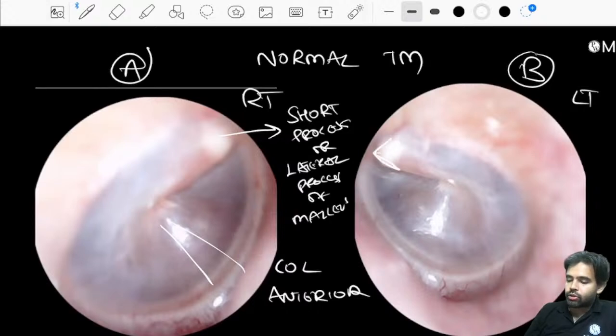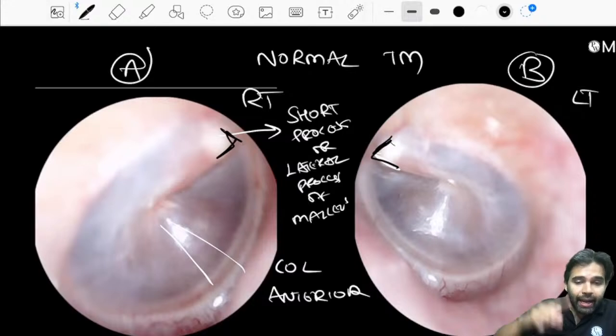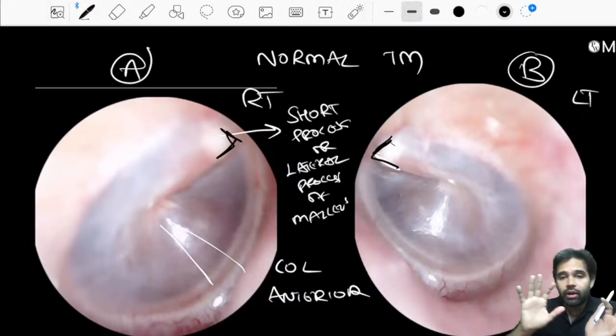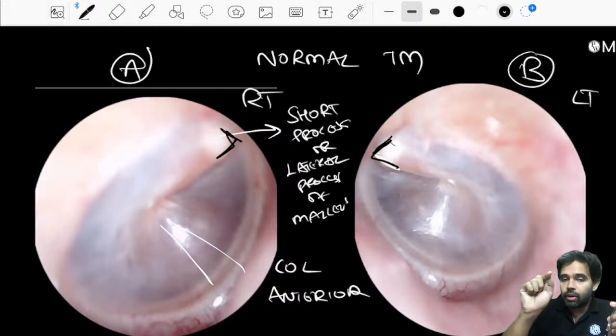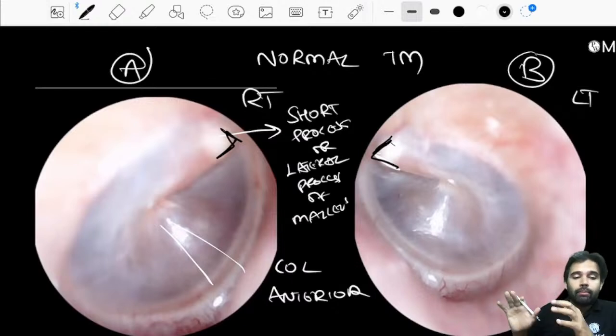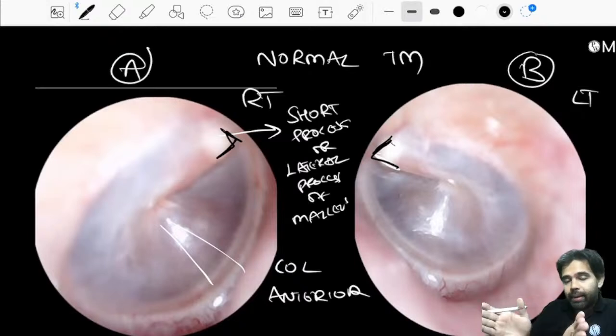This short process or lateral process of the malleus is always pointing anteriorly, and this part of the bone does not get destroyed easily. It will be there even if you see a total perforation or a subtotal perforation or a large perforation with disease. You will be able to see this bone in most of the cases, and you will be able to tell whether it is a right ear or left ear, because just like cone of light, you will be able to see, like drug of choice is saying, follow the malleus.